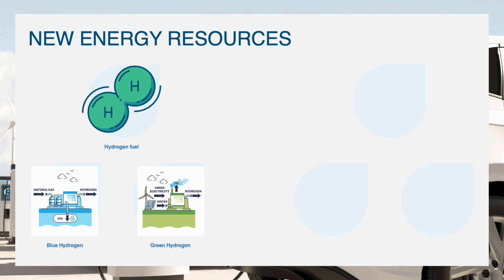But this is captured and stored so that we reduce carbon dioxide emissions into the atmosphere. Because it still relies on natural gas, which is a finite resource, this is not a renewable form of energy.